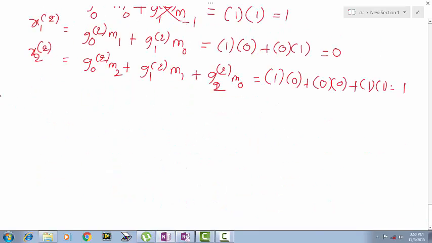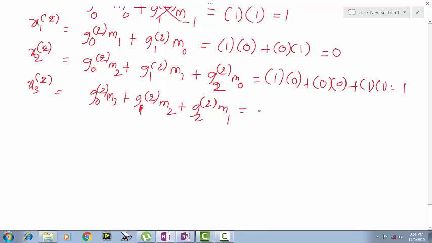Next, x3 of 2 is g0 of 2 m3 plus g1 of 2 m2 plus g2 of 2 m1. That's it, three terms, because we don't have g3 of 2. This will be 1 into m3, which is 1, plus 0 into m2, which is 0, plus 1 into m1, which is 0. So the answer will be 1.